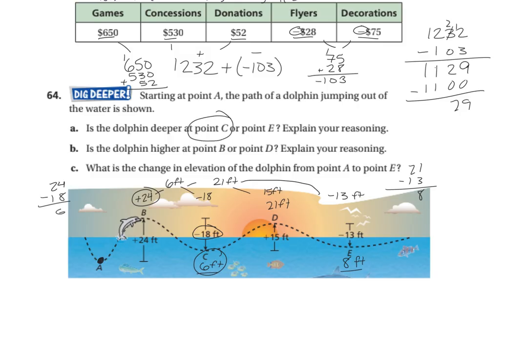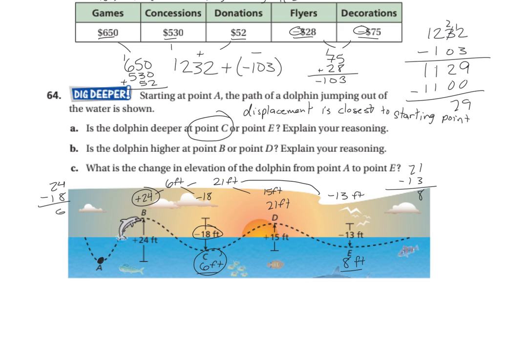Okay, my reasoning is, right, the displacement, or how far away from the start, is closest to the starting point. We can tell that just by the picture, the starting point is in the water somewhere.